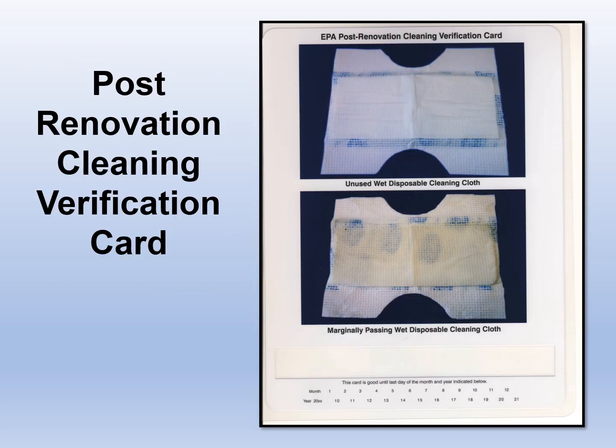Now, this is the card that is used as part of the cleaning verification. This cleaning verification card will be used to ensure that after all the cleaning has been completed, you will take a wipe of the surfaces that have been cleaned and compare it to the cleaning verification card.